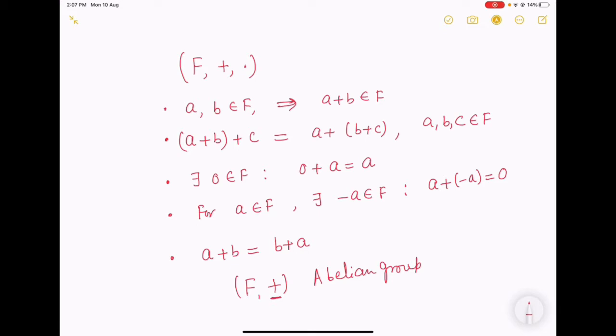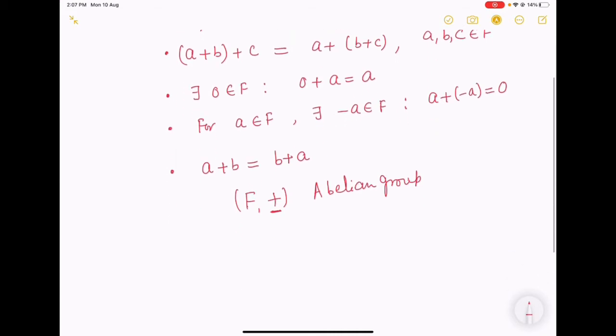So F plus is an abelian group with respect to the addition operation. The next properties are with respect to the dot operation. The first property is the closure property, that is, A belongs to F, B belongs to F implies AB belongs to F.